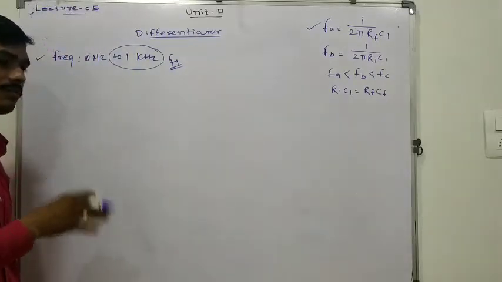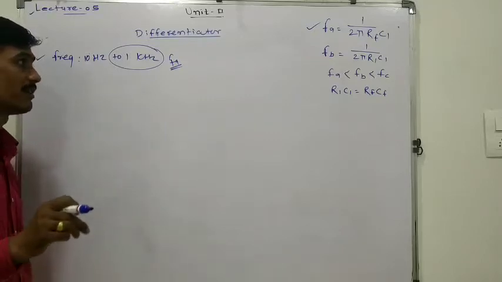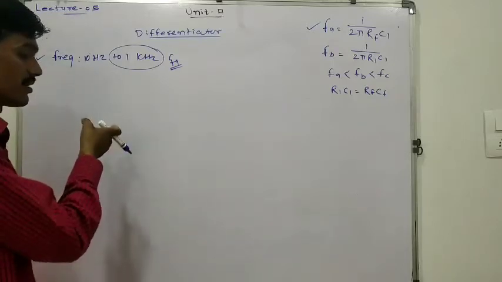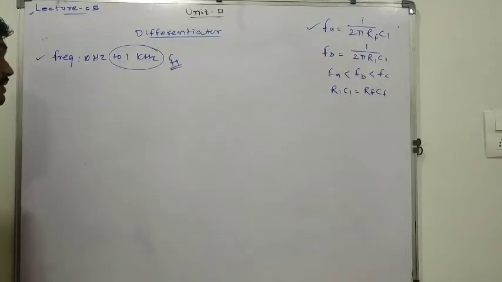You can calculate those values first and then draw the design and put the respective value on the respective component. Or you can first draw the circuit and then calculate the component values. Here we first calculate the circuit components and then we draw the circuit diagram.